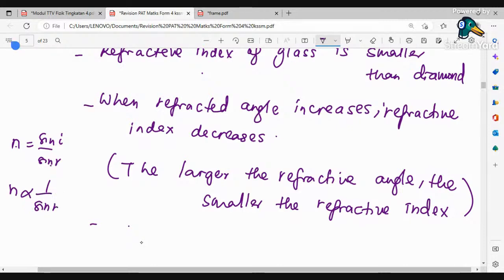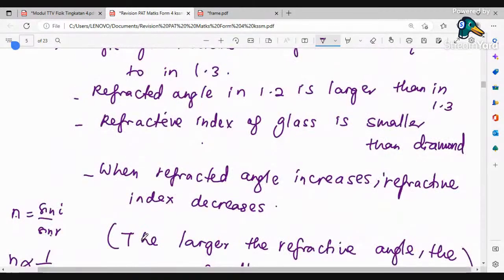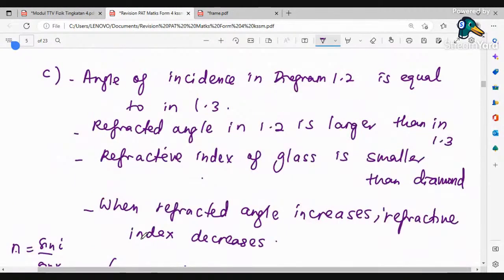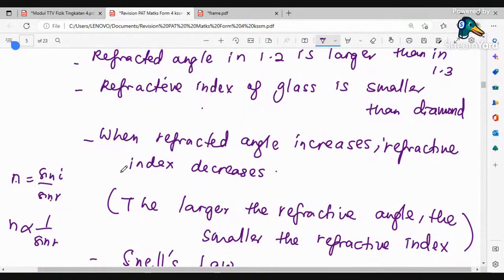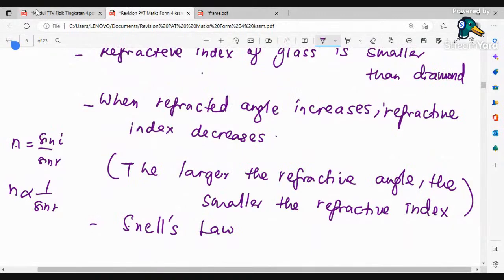Okay, so means Snell's law. Okay, jadi tulis untuk dapat 5 point, 5 markah. Comparison relate 4 markah. State physics law 1 mark.